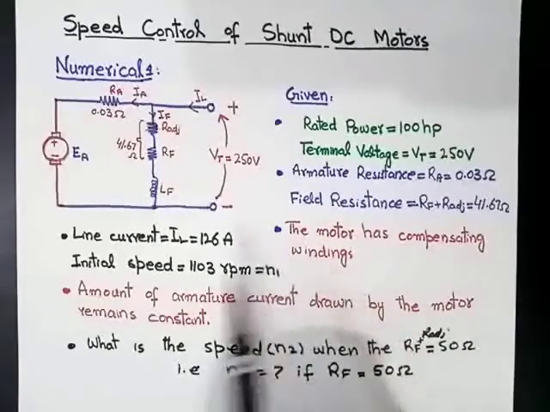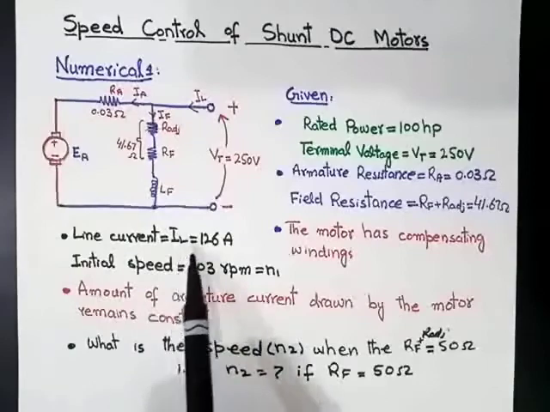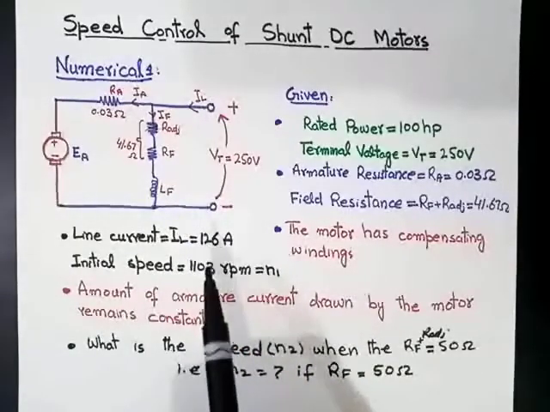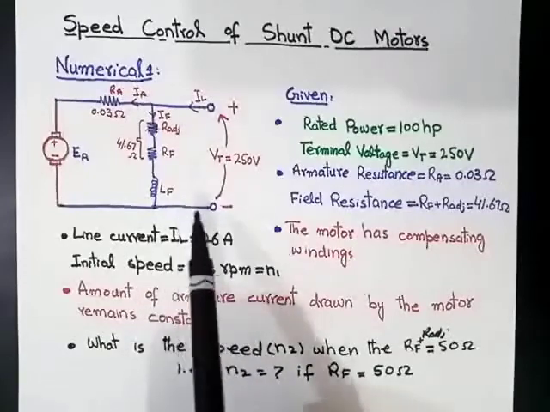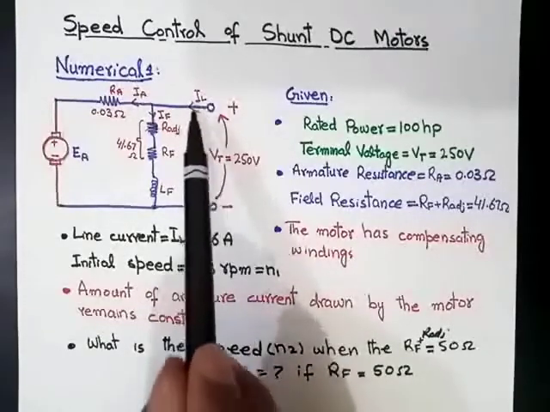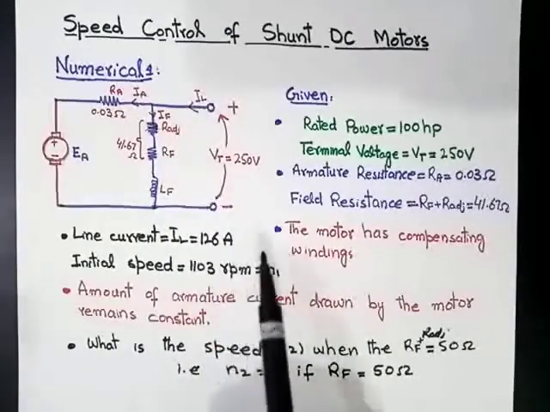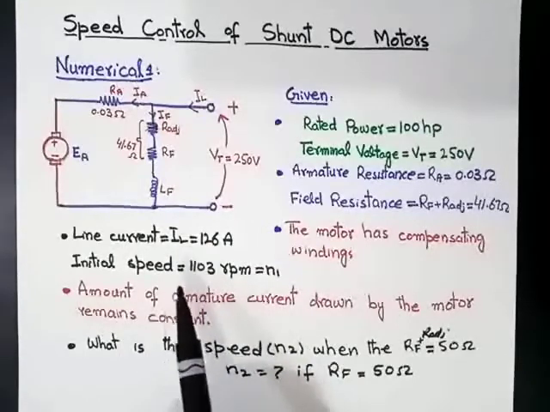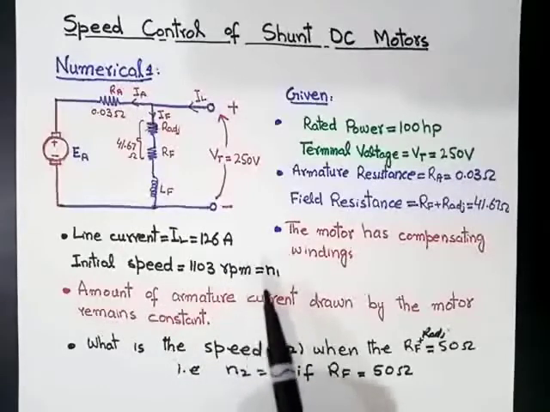The other parameters are the line current, or input current, IL, equal to 126 ampere. And the initial speed of the DC shunt motor is given as 1103 revolution per minute. Let this be N1.